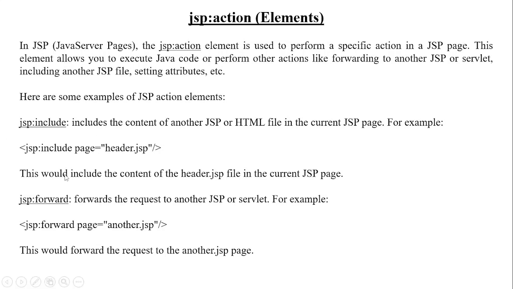We use such code if we want to add some file in our JSP page. This would include the contents of the header.jsp file in the current JSP file. So it's a very important tag if we want to add some files, like an HTML file, in a JSP page. We can use the include action element.